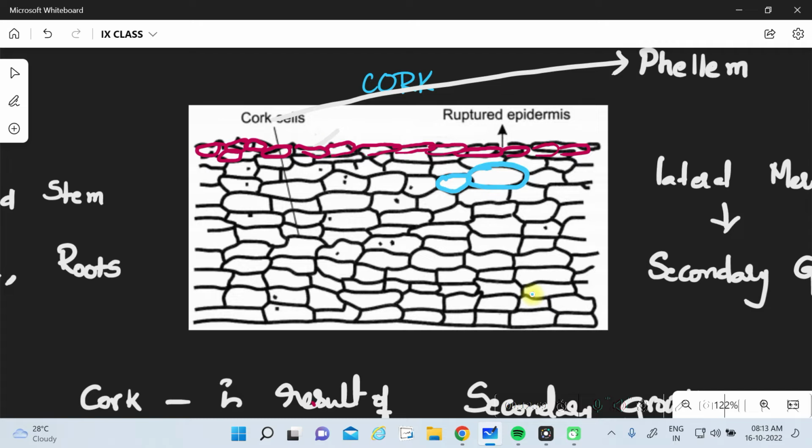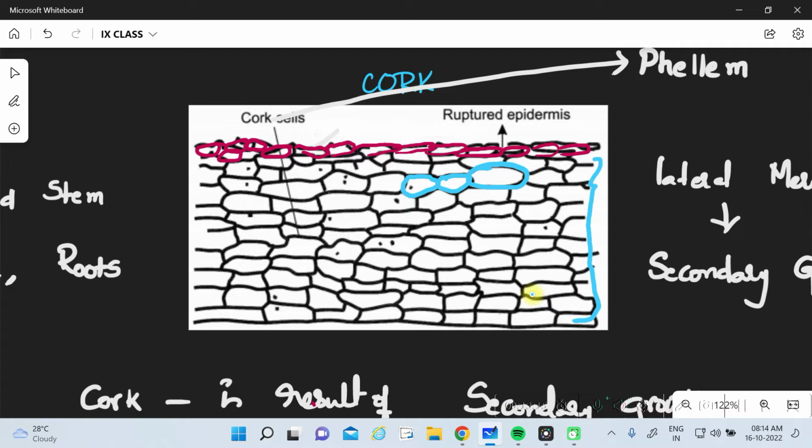They are arranged very compactly, without any gaps, and they are not in a single row. You have several rows of such compactly arranged cork cells.